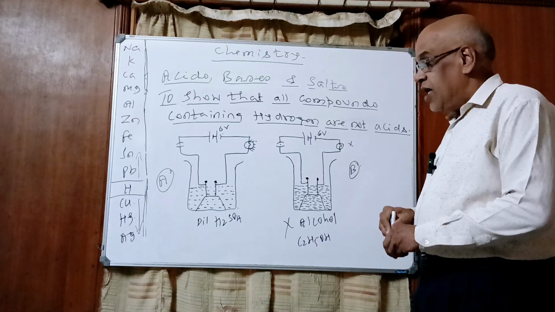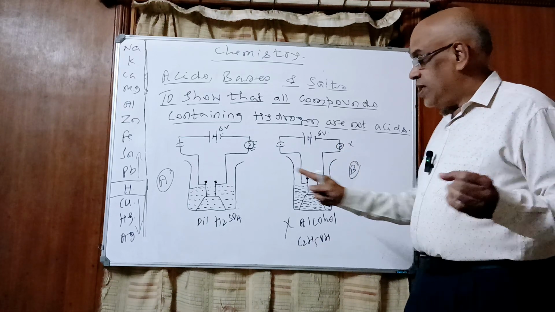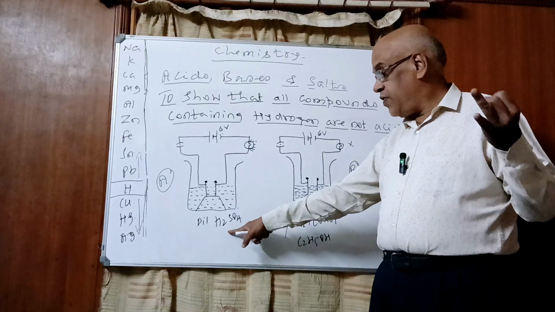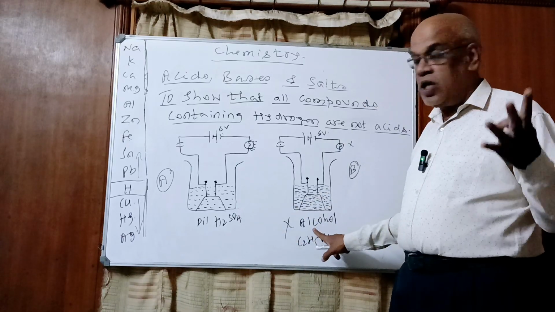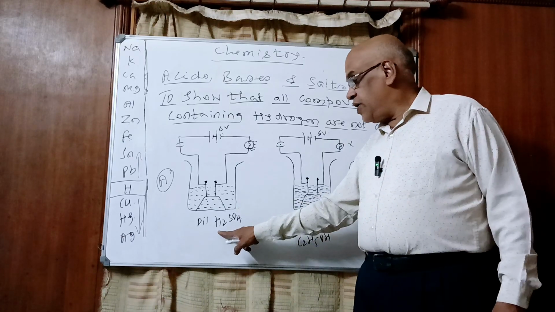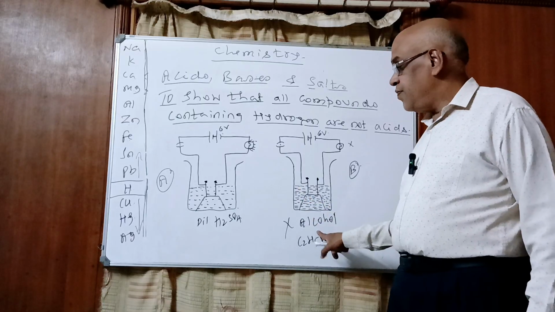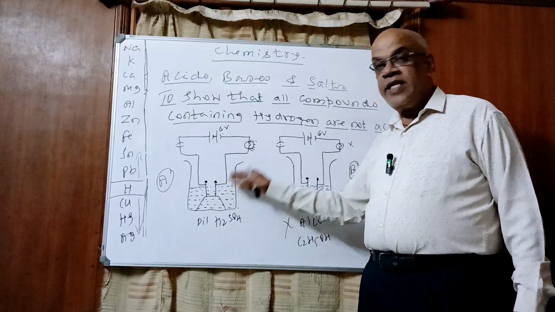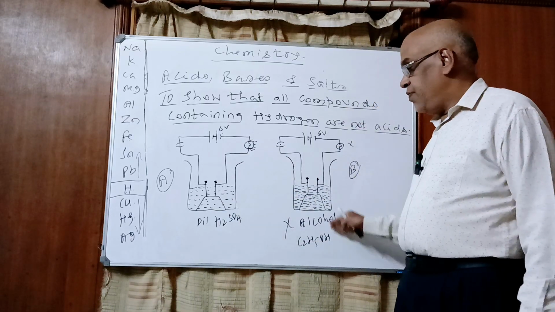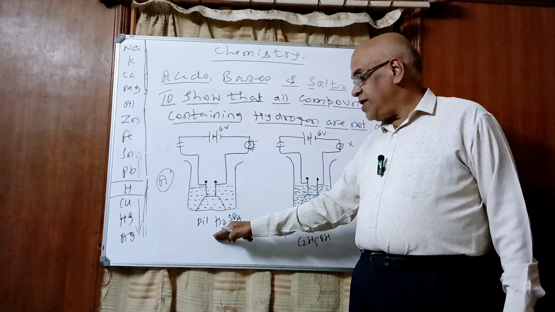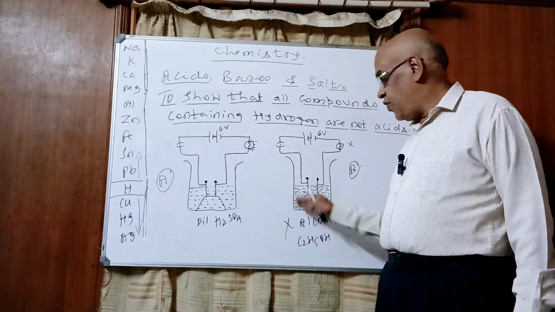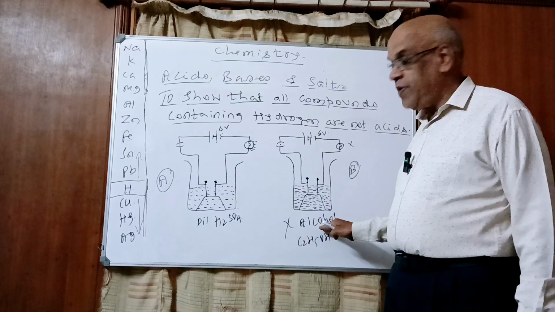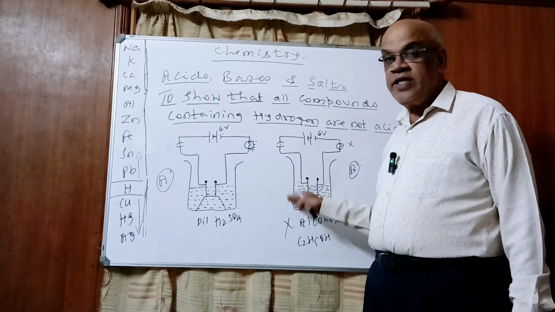How many chemicals were taken in the beakers, children? Dilute HCl, dilute H2SO4, glucose solution, alcohol. First we took dilute HCl and glucose solution. Beaker A conducts electricity, beaker B does not. Second time, we replaced dilute HCl by dilute H2SO4 and glucose solution by alcohol. Again, what happened, children?